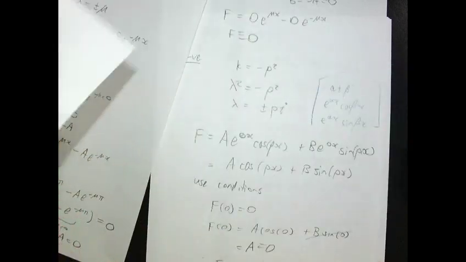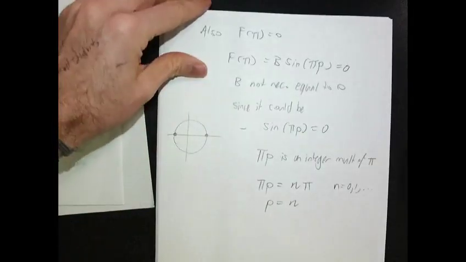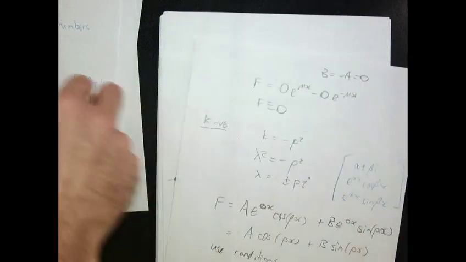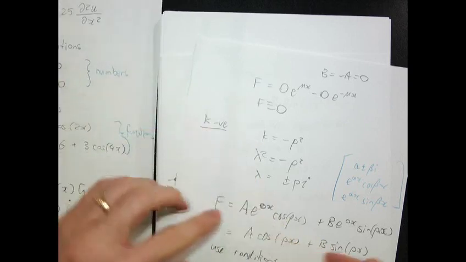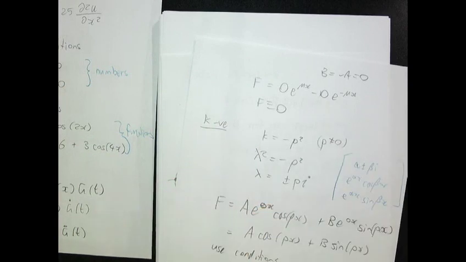K equals 0. I've lost a page. It's underneath. No. Oh, that distresses me greatly. Right there. It's right there. K is negative, for p not 0. Cool.